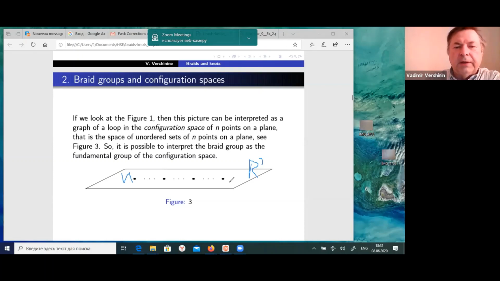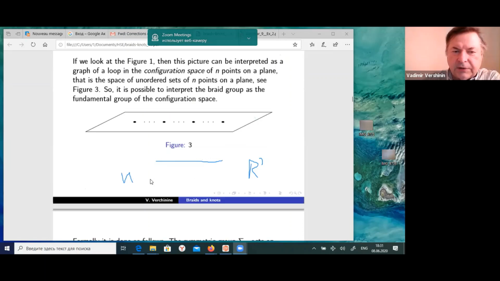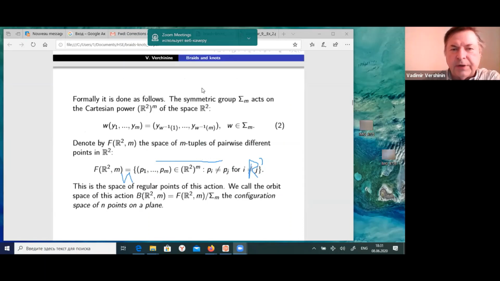Then this can be formalized by the notion of configuration space. So the points actually, when we are considering the projection, it is essential that the points should be different. This is the idea of configuration space.